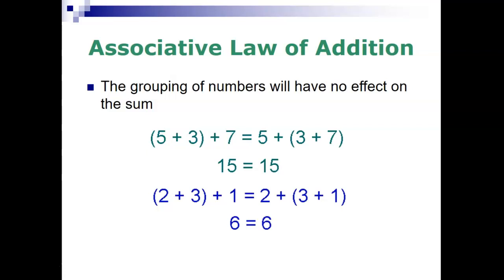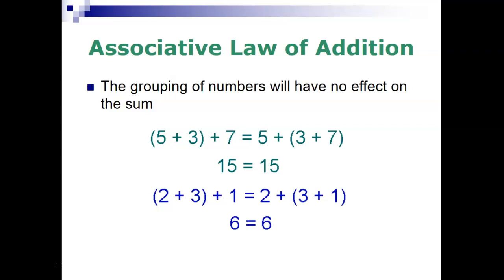So you got the associative law of addition, which means that the grouping of numbers, let me put it this way. As long as you are just adding, it doesn't matter what you do to the numbers. If you group them, change them around, flip them around, the sequence of the numbers does not matter.